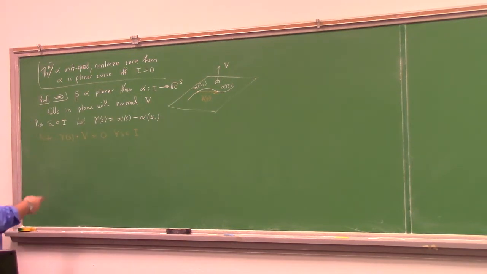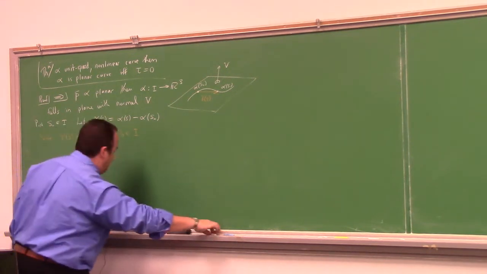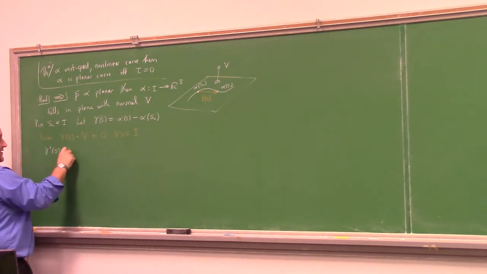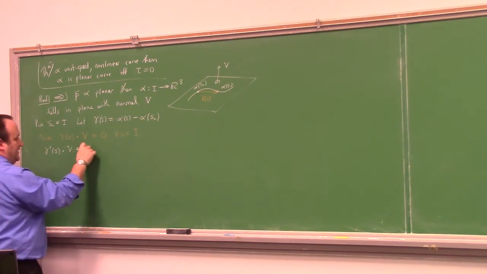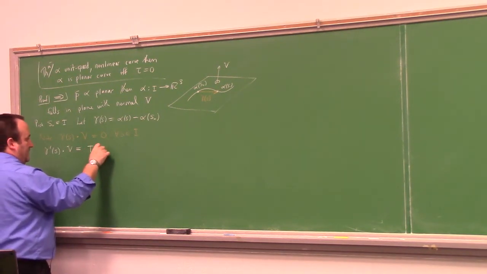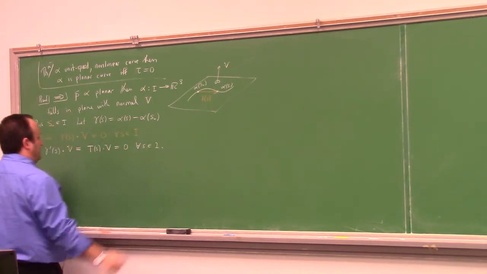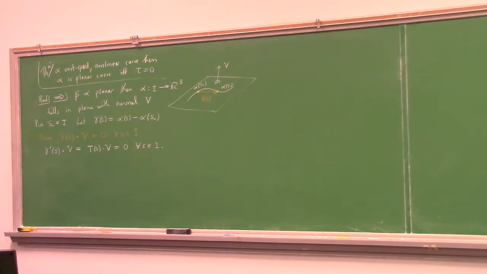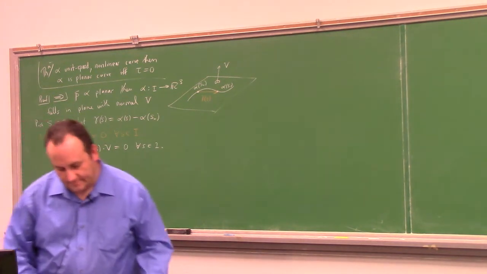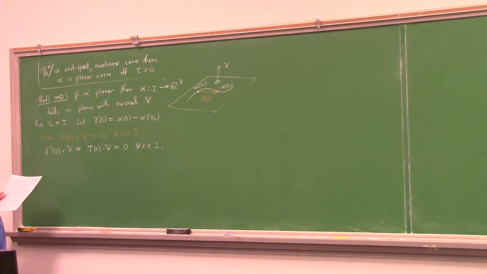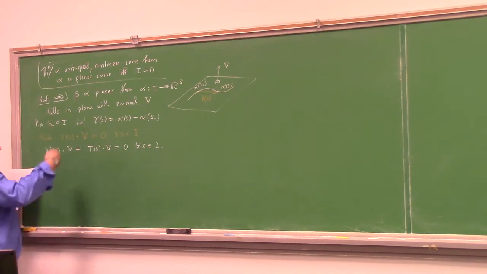So the dot product with that has to be 0. Okay, so then you can differentiate this, and what happens? You get gamma prime of S dot V, which is, by the way, T of S dot V, equal to 0 for all S. But what else? Well, we can differentiate again.